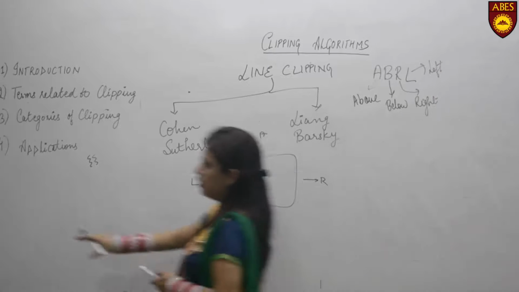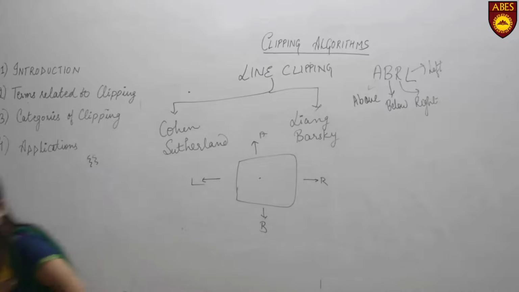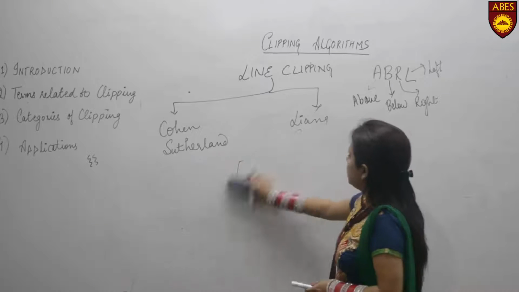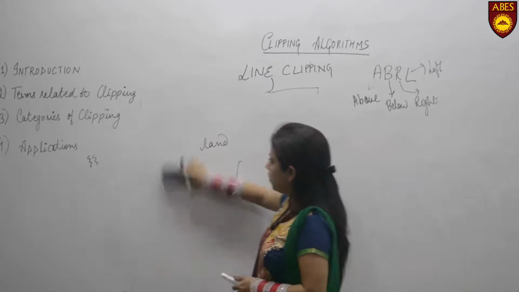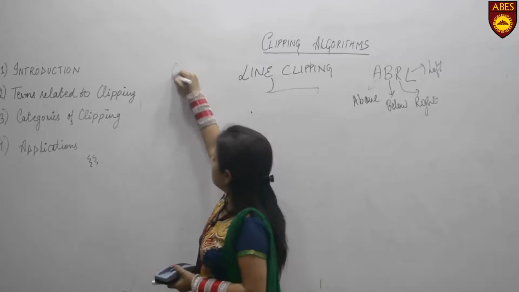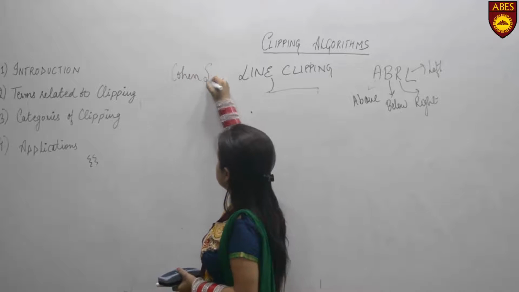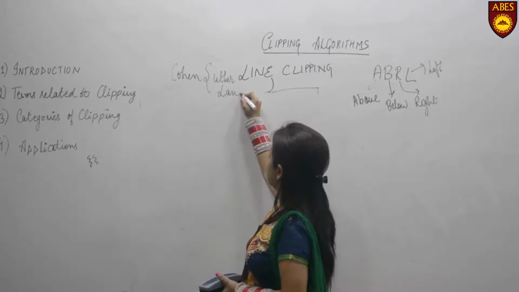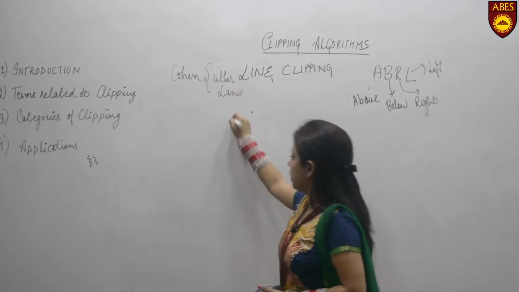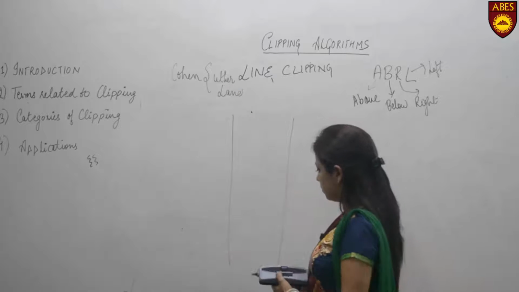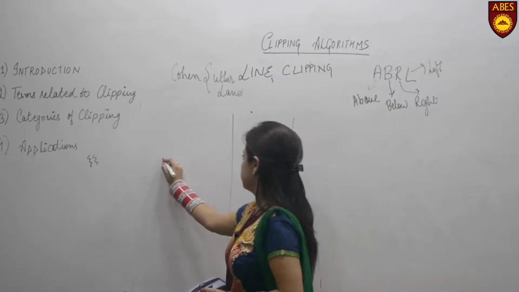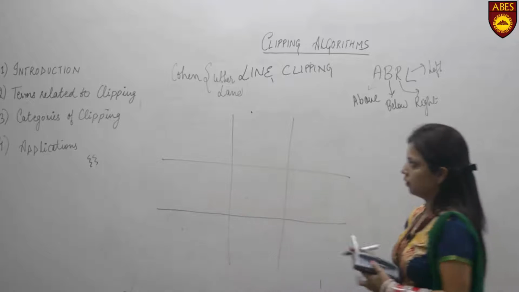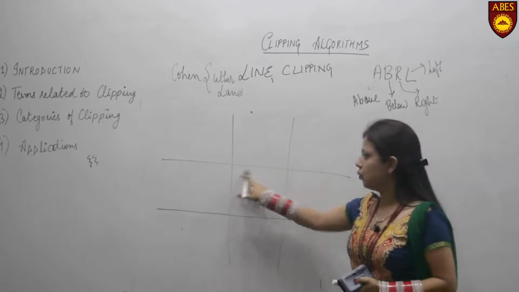In order to define where the point actually lies, we'll provide a 4-bit coding scheme, and the 4-bit coding scheme would be defined based on the position of the point relative to the window. Let's see how we actually define it. For example, this is your window.